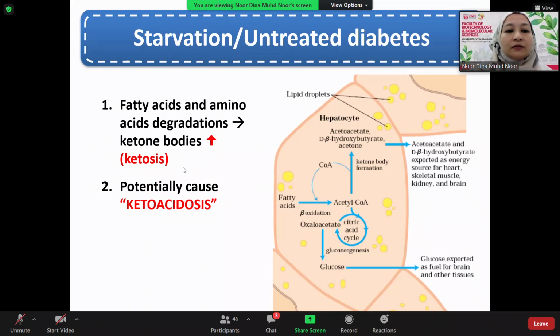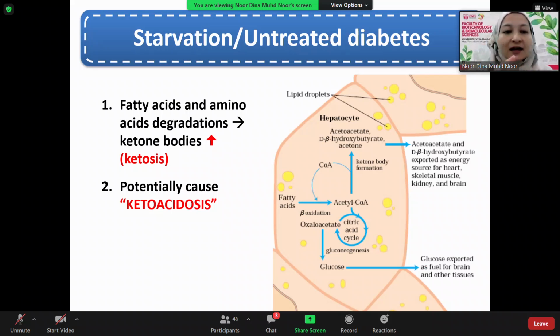Yeah, so this is what we call ketosis. The situation, the process where the fatty acids and amino acids will be degraded into the formation of ketone bodies, we call this ketosis.